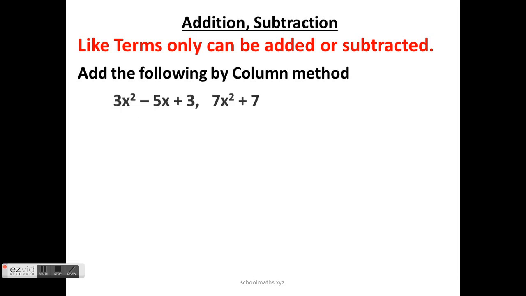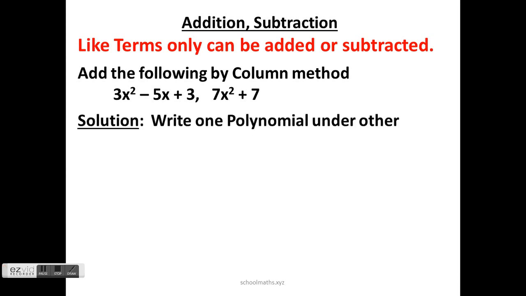Add the following polynomials by column method. See, two polynomials are given, we have to add them both by column method. Column method means first we will write one polynomial, then the second polynomial under that polynomial. Before writing the second polynomial we should be a little bit careful.